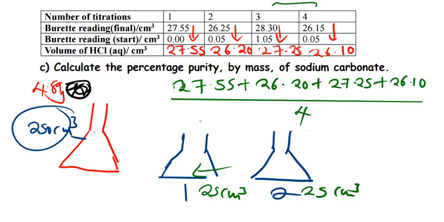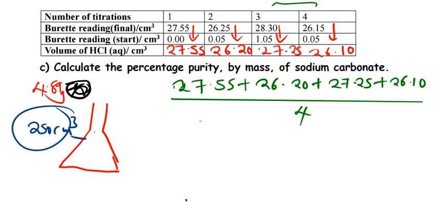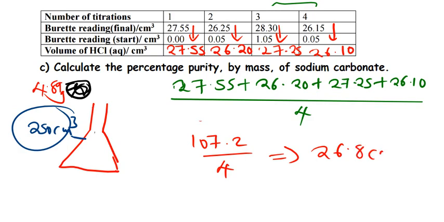The total is 107.2, divided by 4 gives us 26.8 cubic centimeters. This is the mean titer, the average volume of the acid that was required by the portions that we had collected in our flasks.